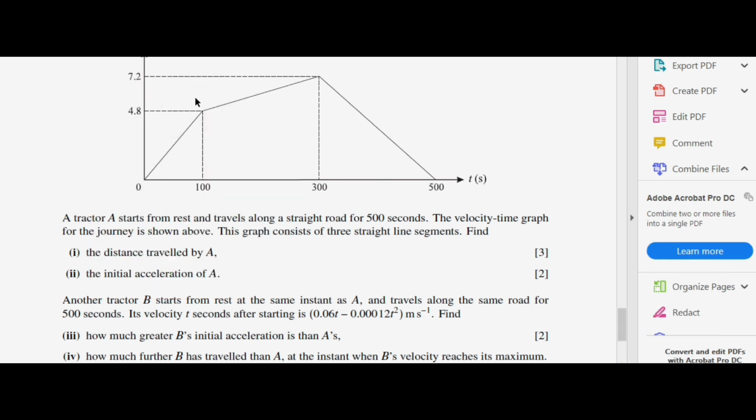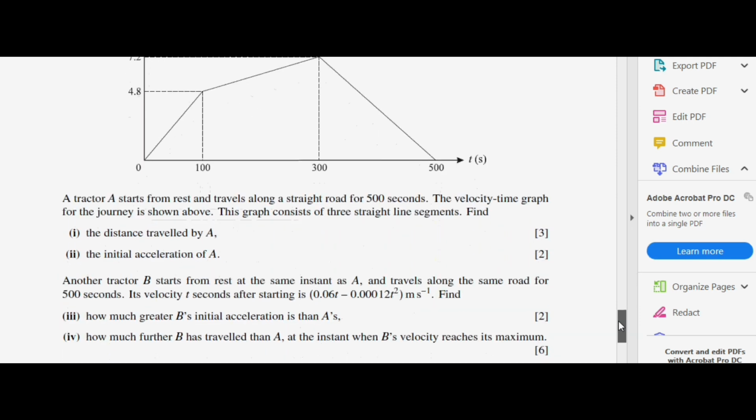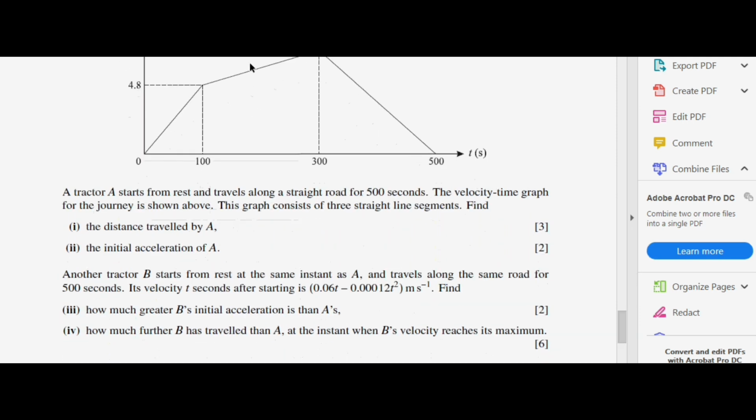The way we're going to do this, therefore, is to find the velocity of tractor A at this particular point here. How do I do this? Well, I see that this line is a straight line, so I know that the gradient of this line is constant.